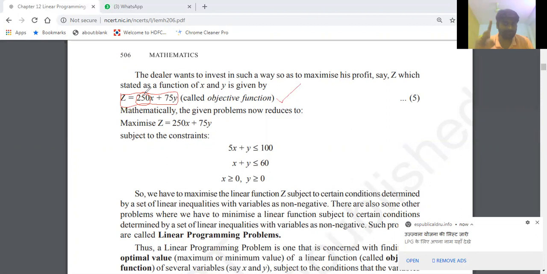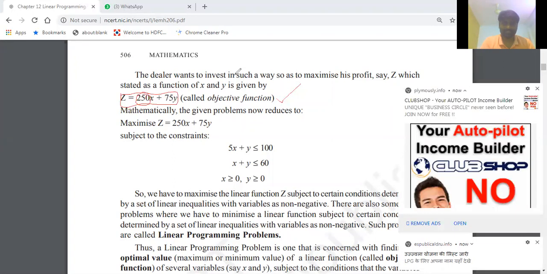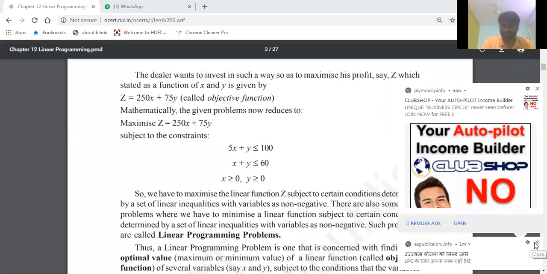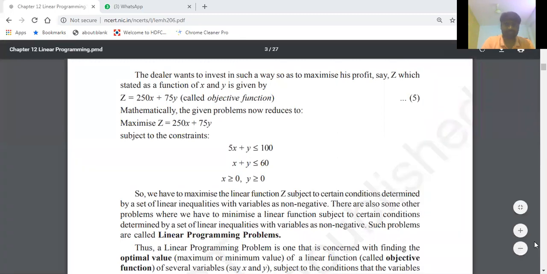Similarly, how much profit on every chair by selling? 75 rupees. How many chairs has he sold? Y. 75 into y. What is that? Total profit on chairs. Correct? So total profit on chairs is 75y. Now if you add both, what will you get? Total profit. What is that? 250x plus 75y.